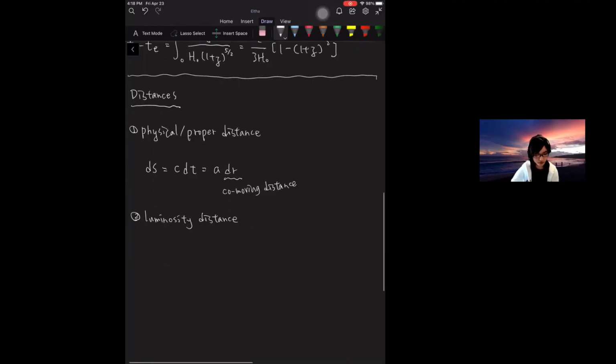I guess you should be familiar with the equation for observed flux, which is equal to the luminosity divided by 4 pi d squared, where this d here is called the luminosity distance. Just a reminder that the unit for luminosity is energy per time, and the unit for flux is energy per time per area.